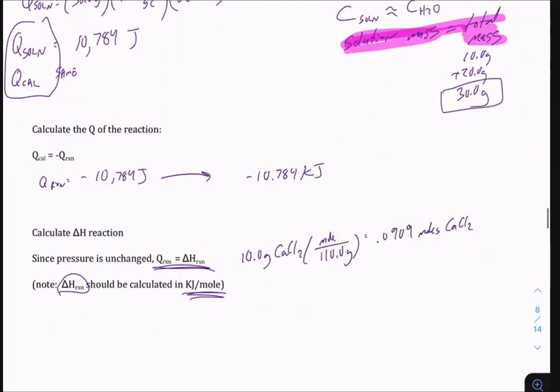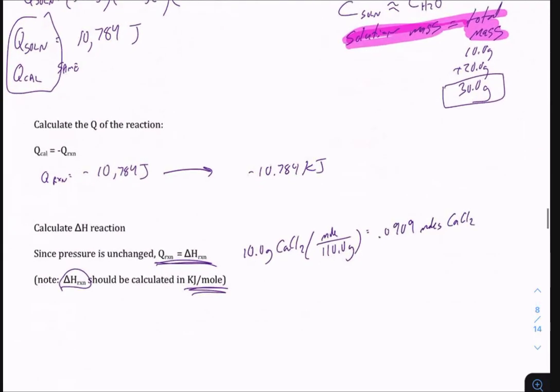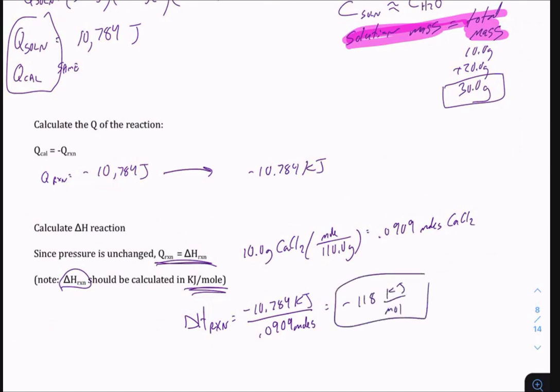So now that I have the kilojoules and I have the moles, delta H reaction is equal to negative 118 kilojoules per mole. This is an exothermic reaction.